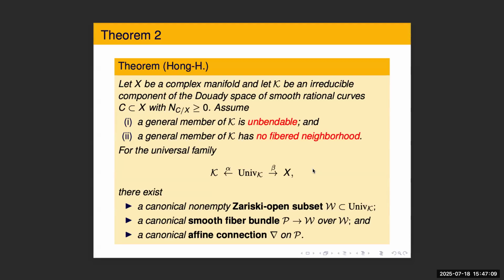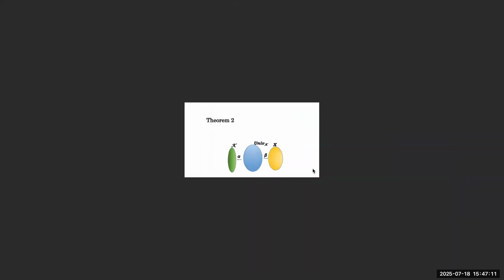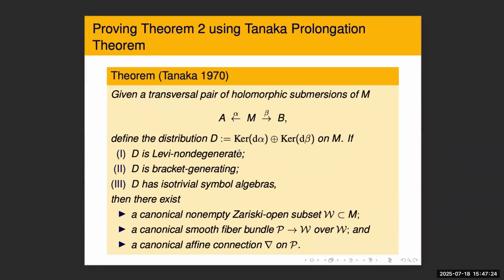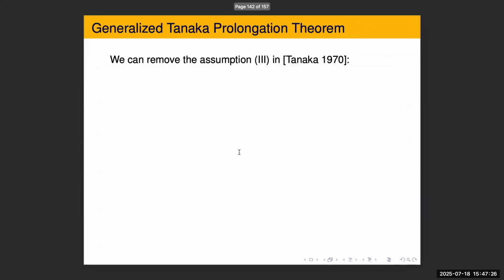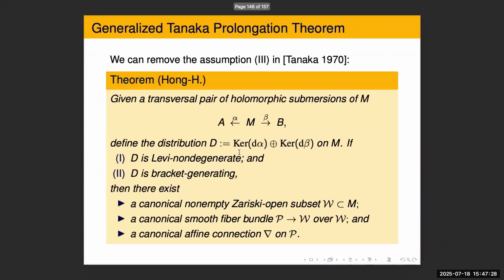And the difficulty is in differential geometry. When you apply Tanaka, our theorem, generalized Tanaka, the difficulty is that we need a Levi non-degenerate condition, and for that you need the unbendable condition.